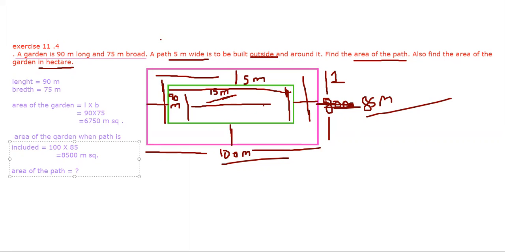So now, can't we do the area of the garden when the path is included subtracted by the area of the garden when the path is not included to actually find the area of the path?